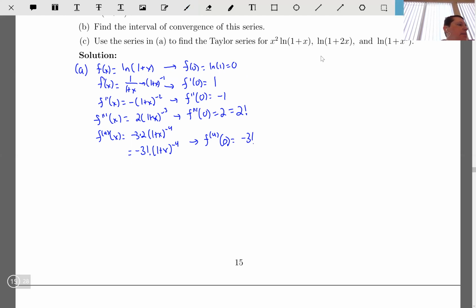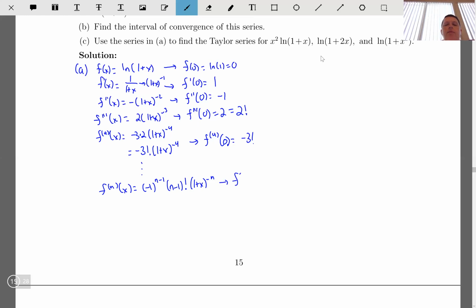And by now, with the experience that we've had with other things, you might see that the nth derivative has a negative sign when n is positive. So I'm going to write this as negative 1 to the n minus 1, because we have an n minus 1 factorial going on, and then 1 plus x to the negative n.